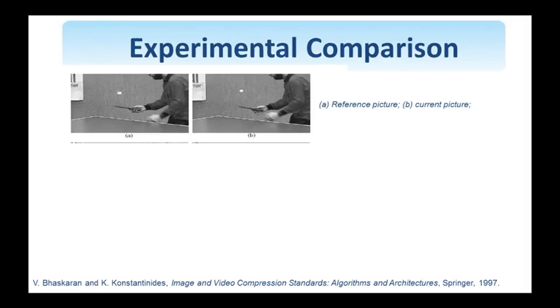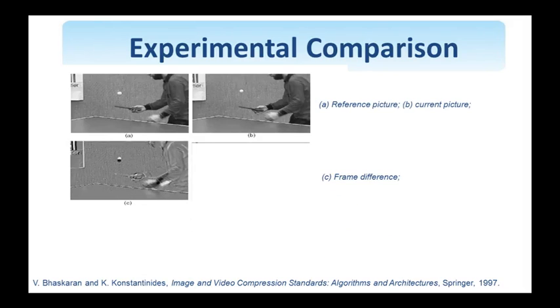We show here an experimental comparison of some of the block matching techniques we discussed so far. The reference and current frames are shown first, both of which are 720 by 480 pixels. We then show the displaced frame difference, which can be thought of as the motion compensation error when the motion vectors are equal to 0. It's noted here that in the frame difference, the dynamic range of the image doubles.